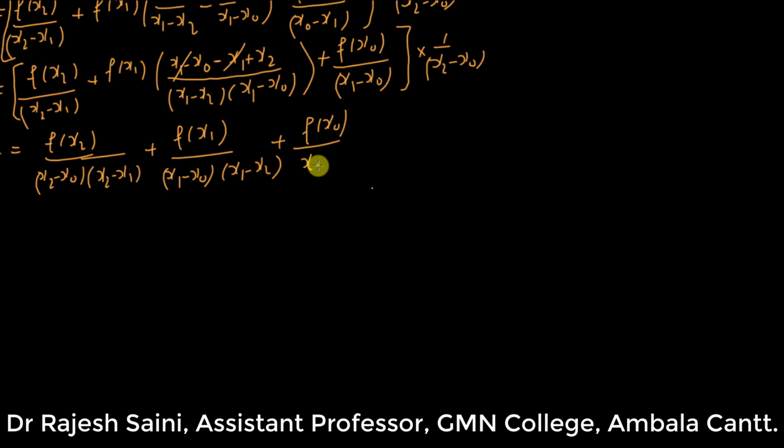And you know this is x1 minus x naught, so I am going to take common so that I could write x naught first, x naught minus x1, and from here I am also going to take minus common, minus minus will be plus, so this can be written x2 minus x naught minus x2. So this can be written as, first I am writing this one, f of x naught.